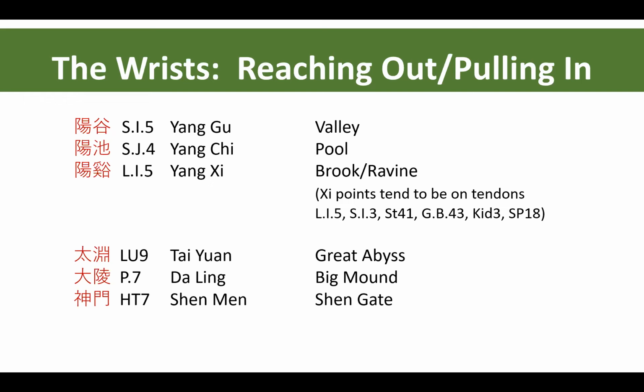We're still expanding, we're reaching out, so even though it's yin, Tai is big and Da is big. And of course, heart 7, you can't say whether this point really existed in the past or not. It's an interesting argument. That one is not going to conform, the Shen Men, even though it's on the wrist. So it's kind of an outlier.